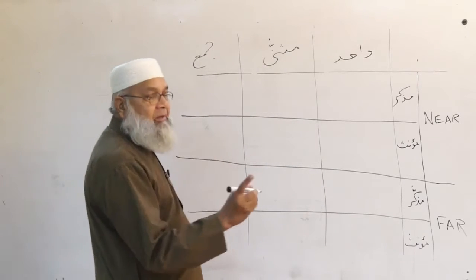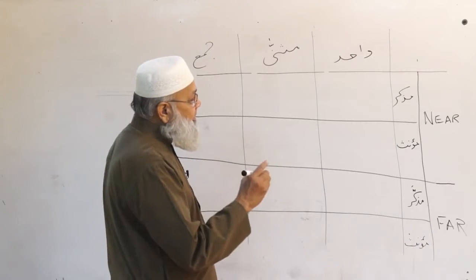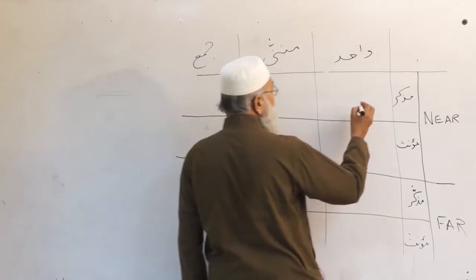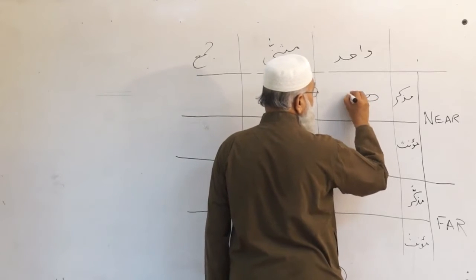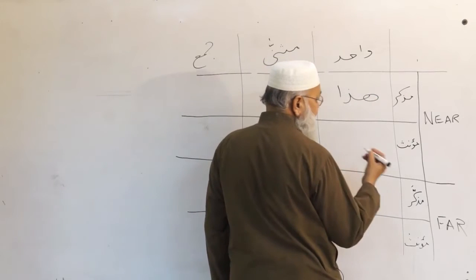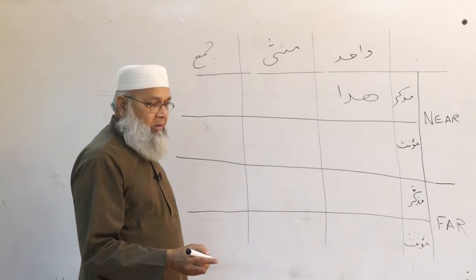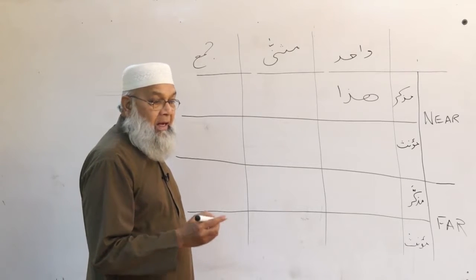For one masculine, you will say hada for the close object, and for something feminine, you have to say this. You will say hadihi.